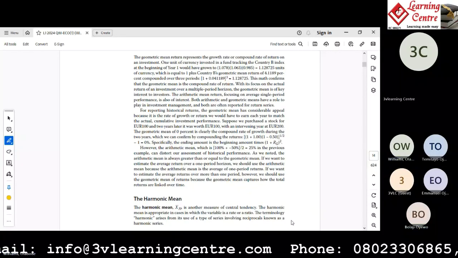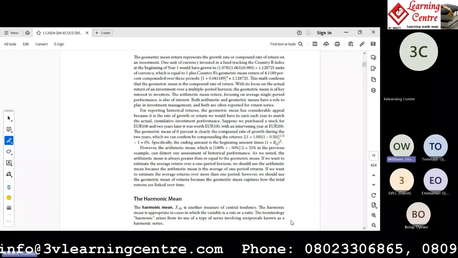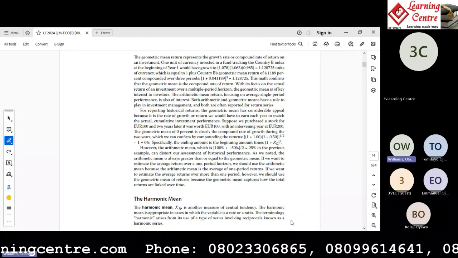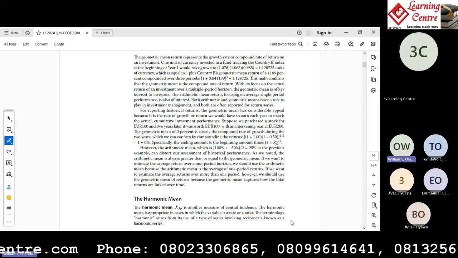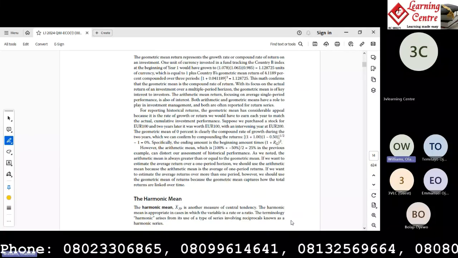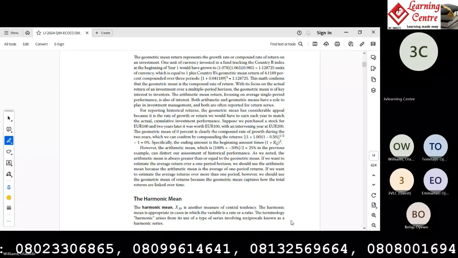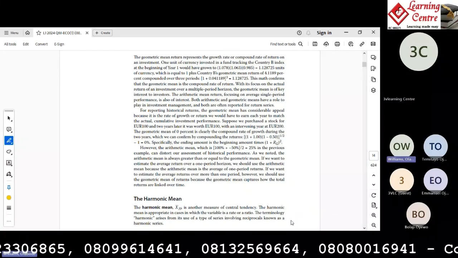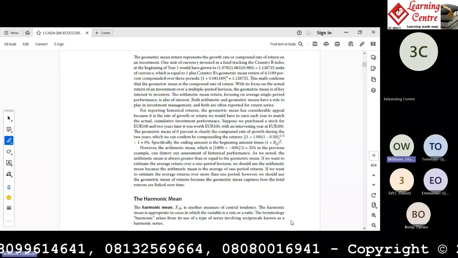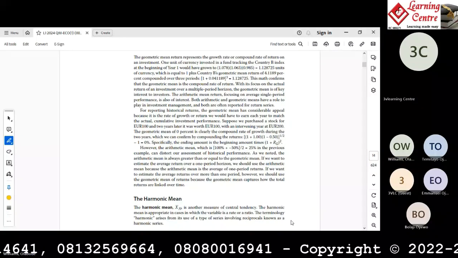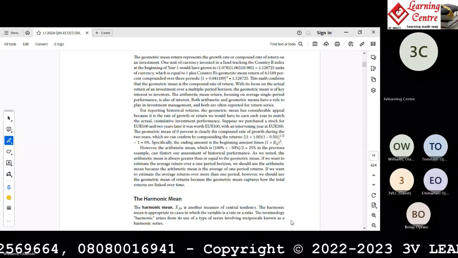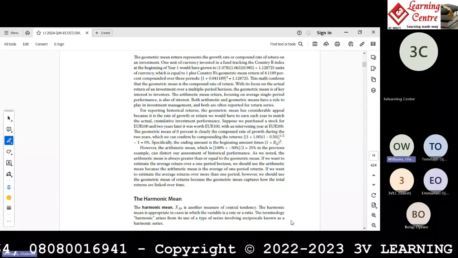Yeah, that's correct. Now, when do you expect the arithmetic mean and geometric mean to be close or the same? What condition will make both close or the same? Anyone?